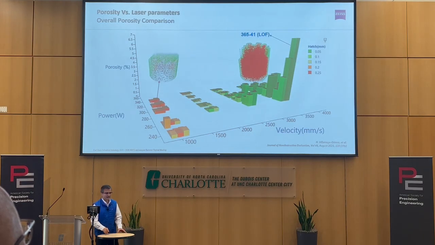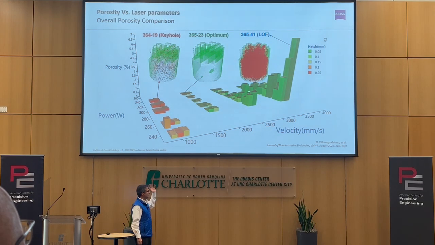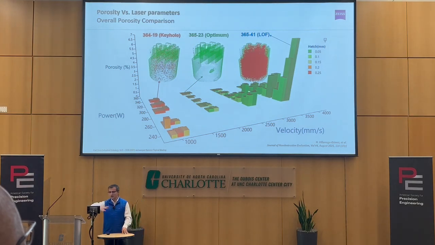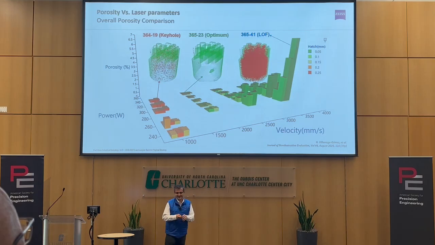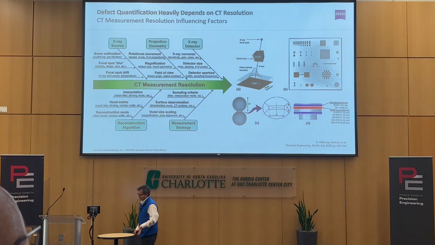This is also something we probably have shown before, and it has been published, but the basic idea is that you can try to optimize printing parameters like velocity, power, or others to minimize the level of defects or porosity inside of the part.